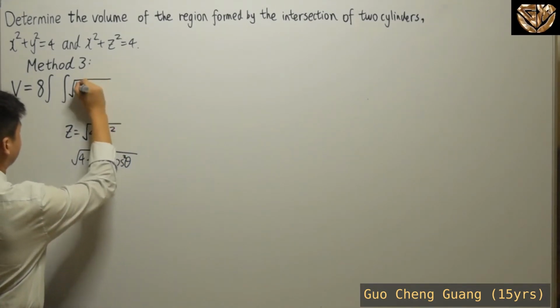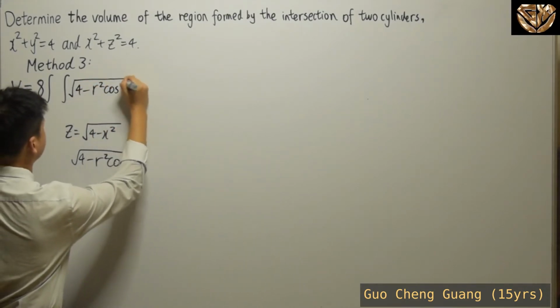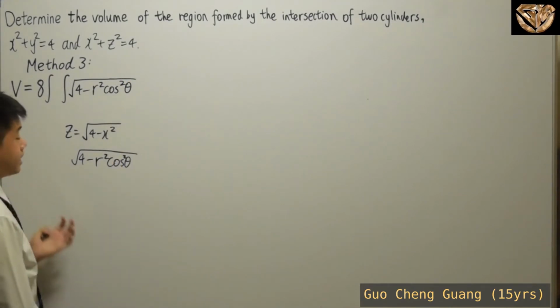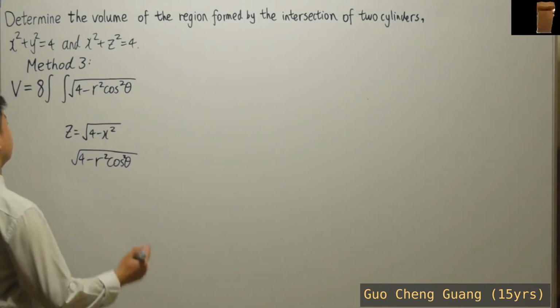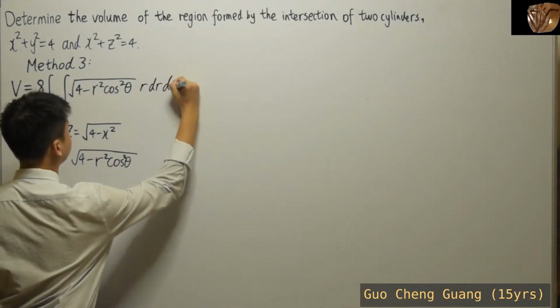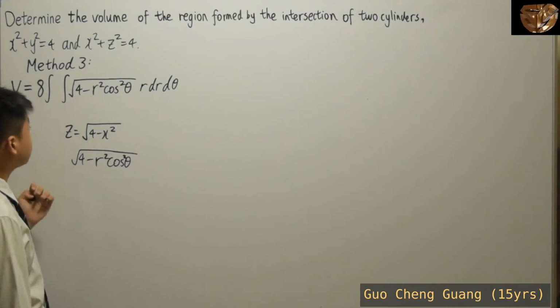So you're going to have square root of 4 minus r squared cosine squared theta. And of course, last time we had dx dy. In this case, we're going to have r dr d theta. Okay, so this is what we have.